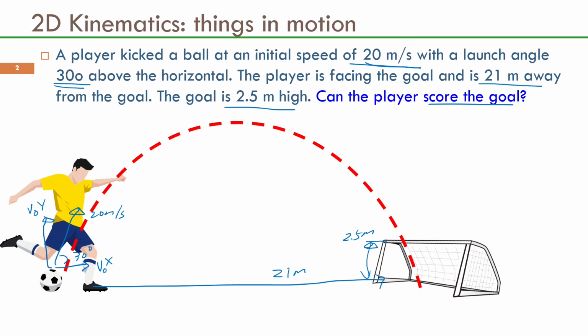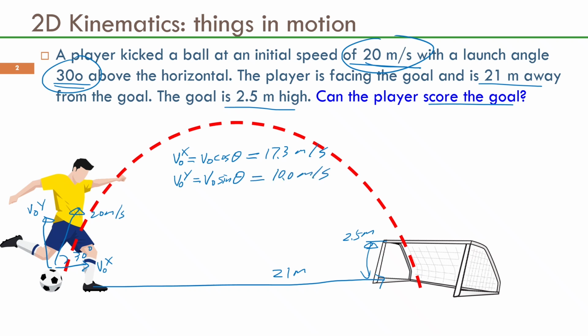The horizontal component, v0x, equals v0 times cosine theta, and the vertical velocity, v0y, equals v0 times sine theta. So if I substitute the initial velocity and the launching angle into these equations, I can find the initial horizontal velocity, which is 17.3 meters per second. I can also find the initial vertical velocity, which is 10 meters per second.